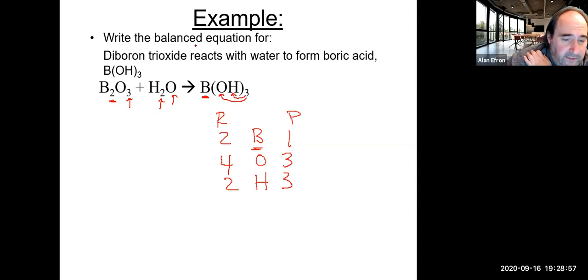So very simply, to get that B balanced, we need a 2 in front of there. That 2 is now going to give us 2 borons. Now this 2 does also get distributed to everybody behind it. So as we talked about earlier, 3 times 1 for the oxygen gives you 3. Then you need to multiply it by the 2 on the outside. So that gives you a grand total of 6 for the oxygen.